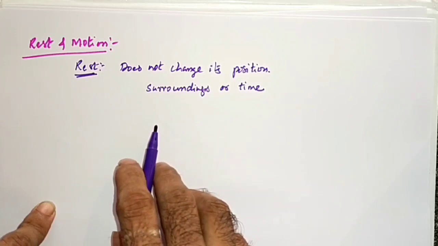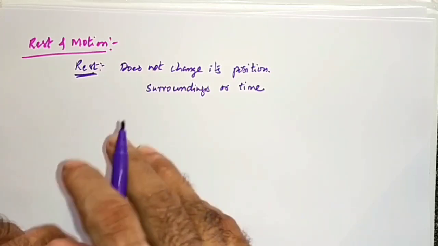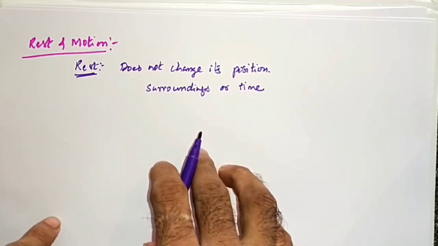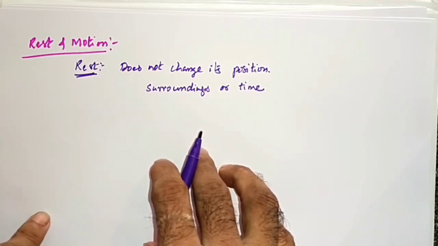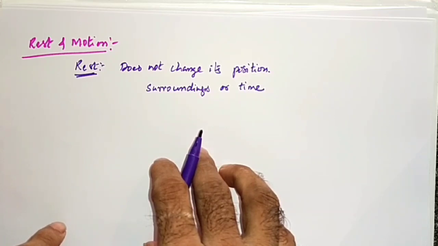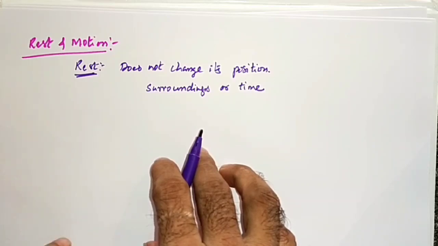What are surroundings here? Surroundings means the objects which are present around the body. For example, you are living in your house. With respect to the walls of the room in which you are staying, the walls are surroundings to you. The chair, the coolers, whatever it may be, these are all surroundings to you.